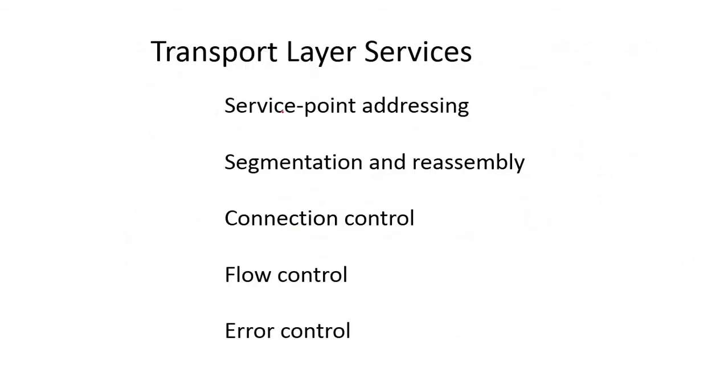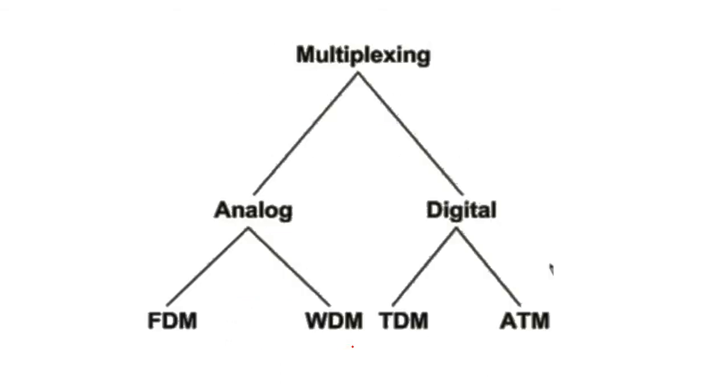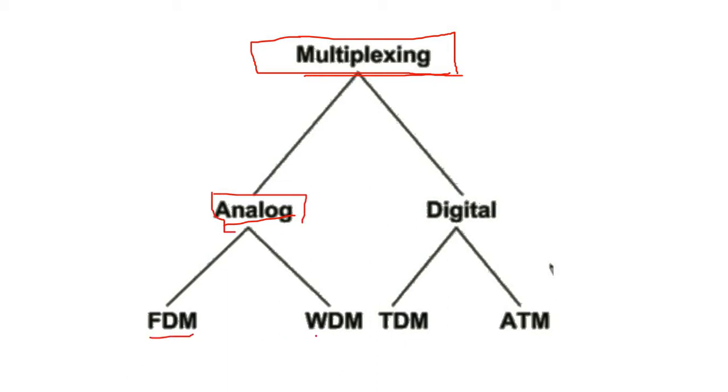Now, the transport layer services are service point addressing, segmentation and reassembly, connection control, flow control, and error control. This we have already discussed in detail. Then we discussed multiplexing. There were 4 types of multiplexing. In analog multiplexing there are 2 types: frequency division multiplexing and wavelength division multiplexing.